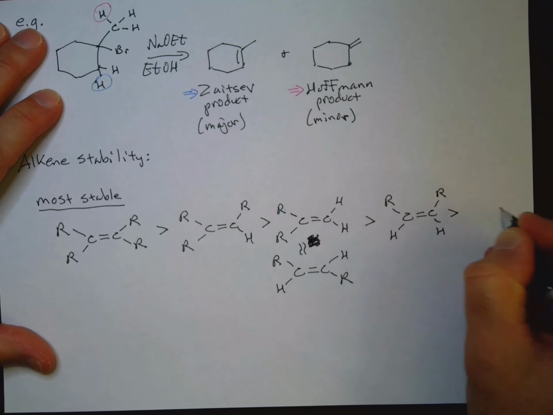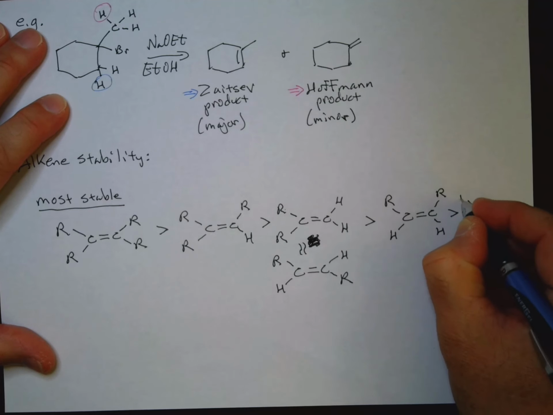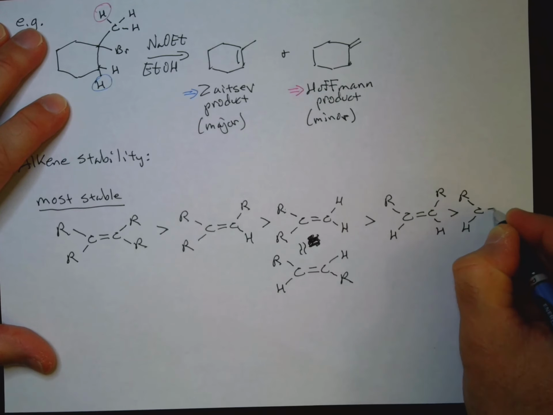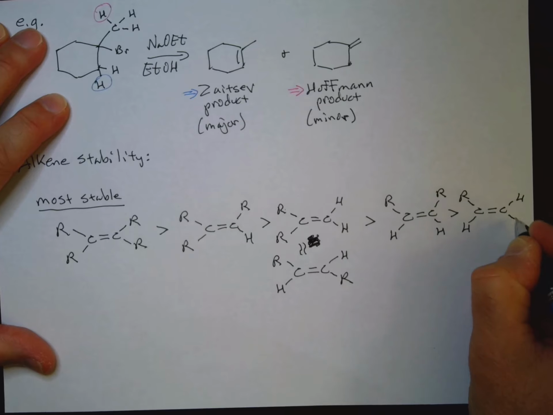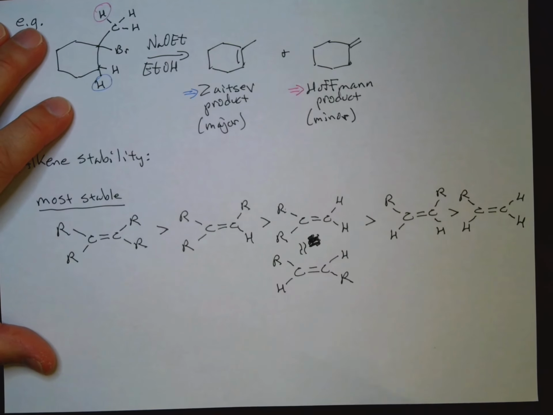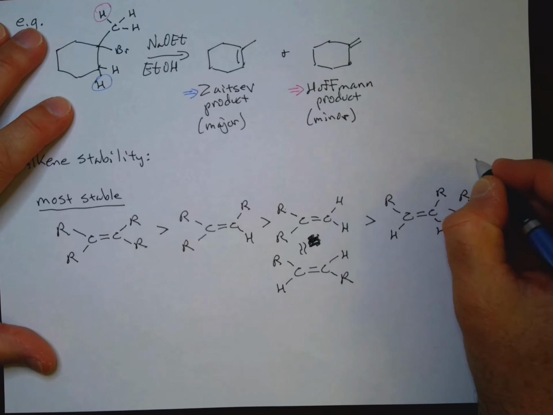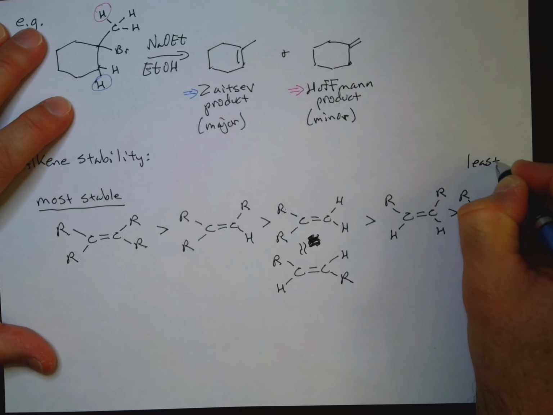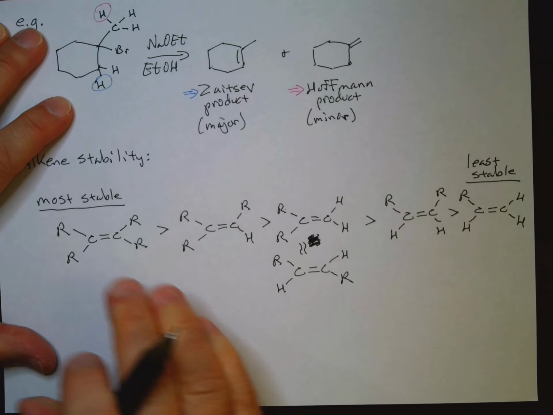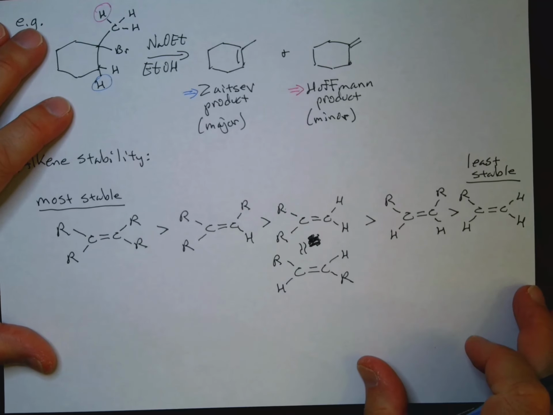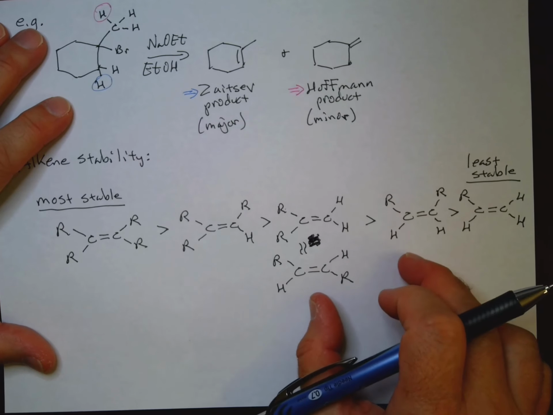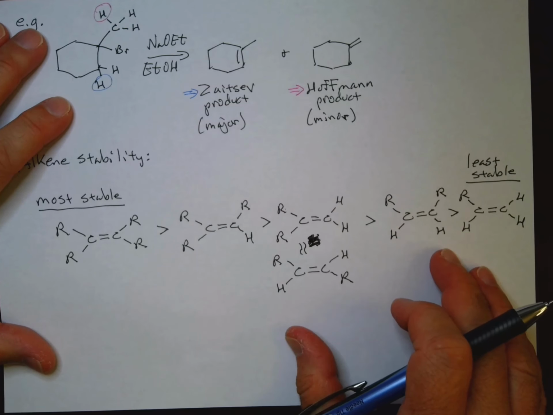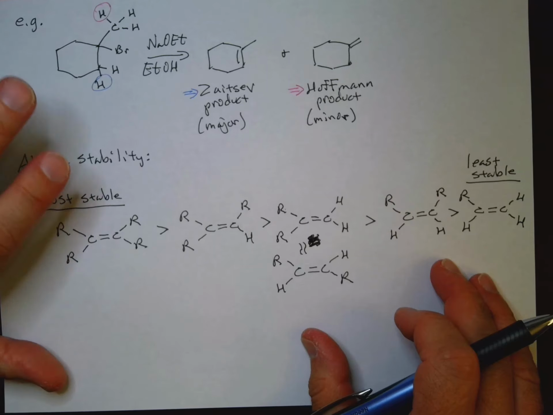And then that's more stable than monosubstituted, which of course is more stable than no substitution, excuse me. So more substituted means more stable. And then when you've got disubstituted, remember trans is more stable than cis.